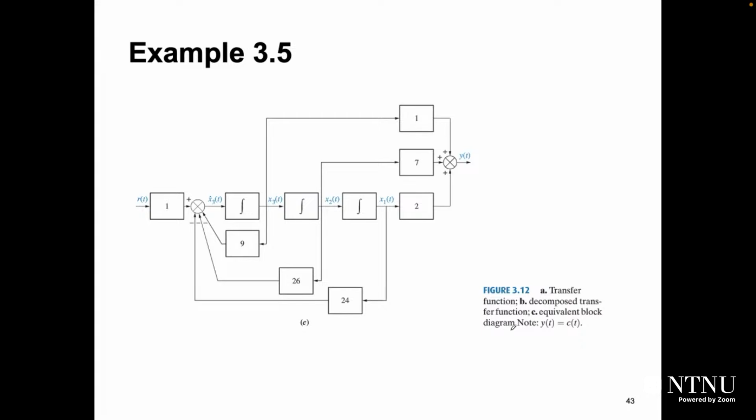In this example, we decompose the transfer function. It is just if you want to plot the block diagram of your system. As I told you, you just need to get your state equation and the output equation. So what was the output equation? y equals 2, 7, 1 times x1, x2, x3.